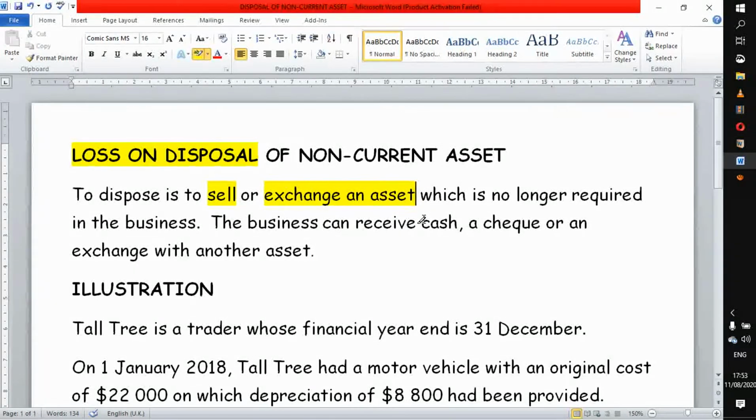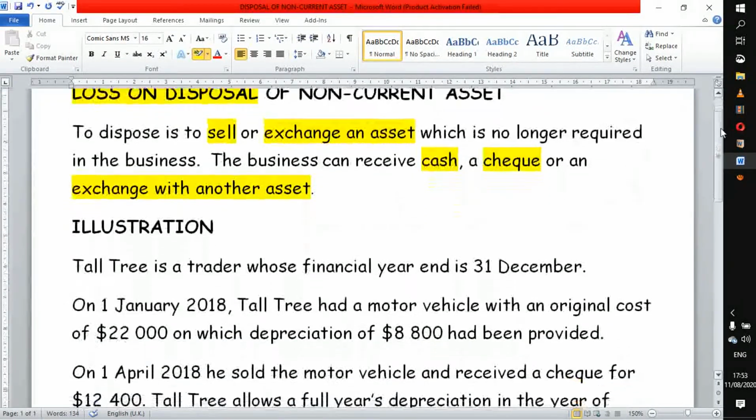But in the process, the business may receive cash. It may also be paid in the form of a check, or it can exchange with another asset. Whichever exchange is going to happen here, it is not going to change the procedures that are supposed to be followed.